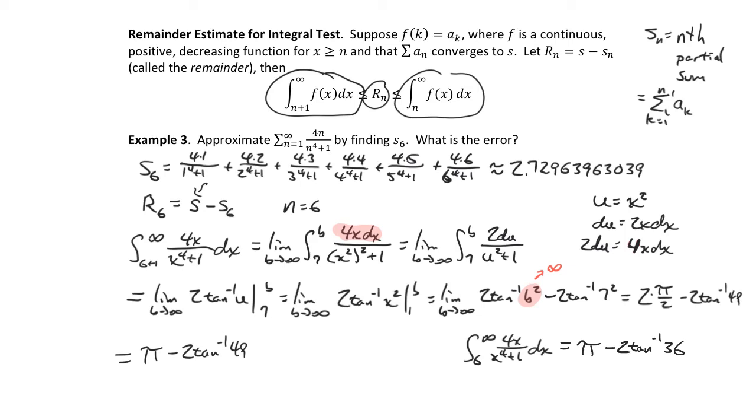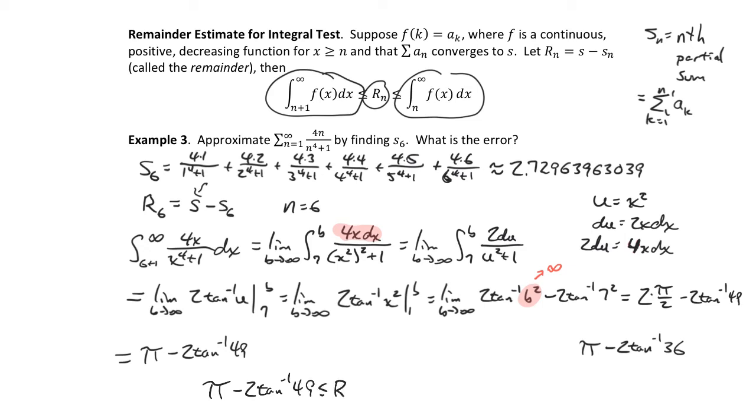All right, so I'm going to erase a little bit here. That means that my remainder is trapped between these two values. Pi minus 2 times the inverse tangent of 49, and the other value.